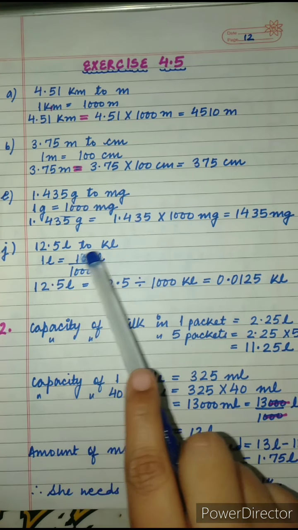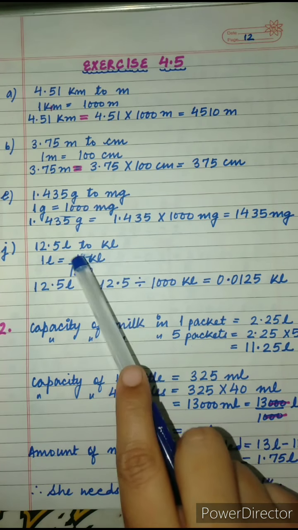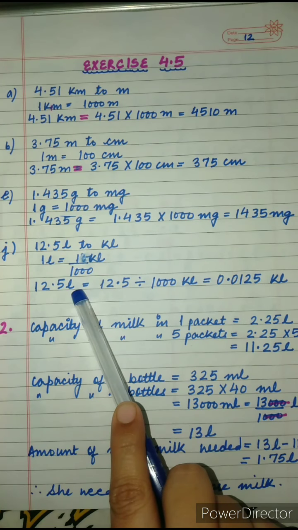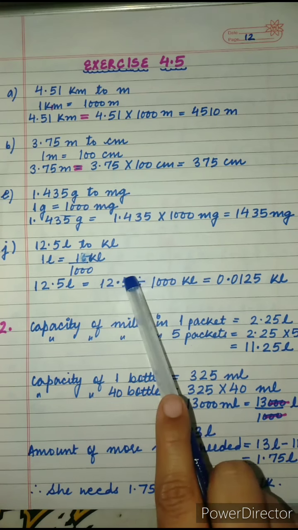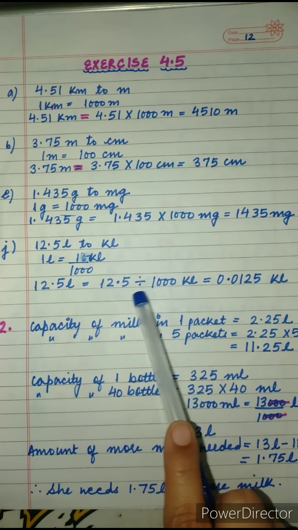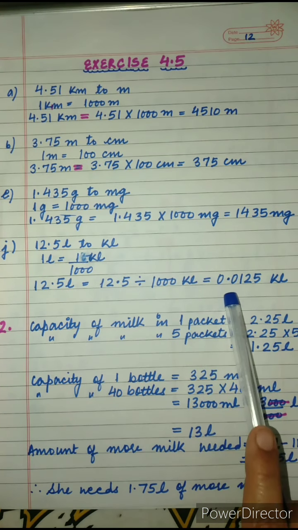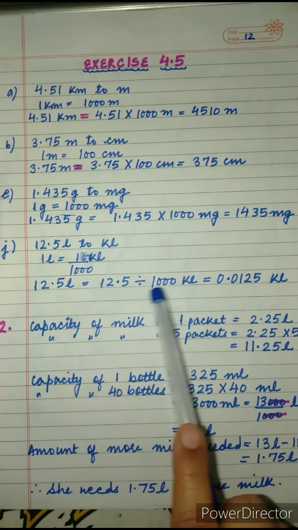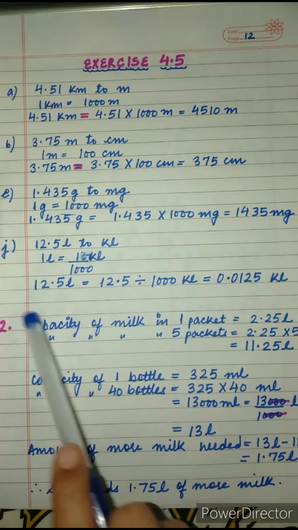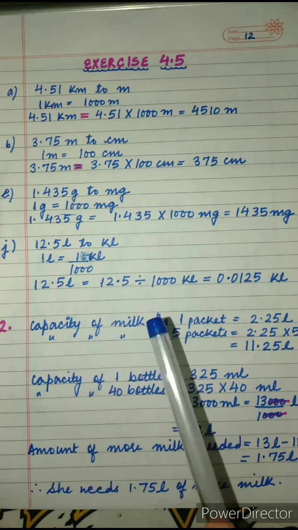Now 1 liter is equal to how many kiloliters? 1 upon 1000 kiloliters. So here we are going to divide, that is 12.5 divided by 1000 kiloliters, which will give you 0.0125 kiloliters, because while dividing we move towards the left.